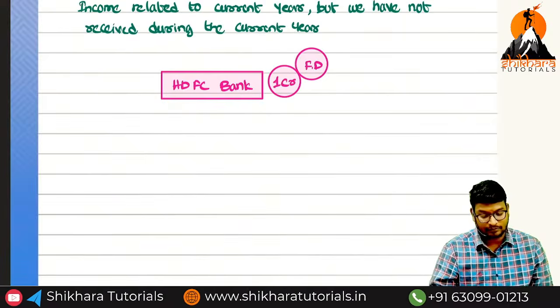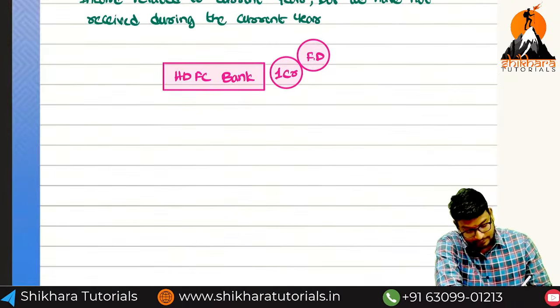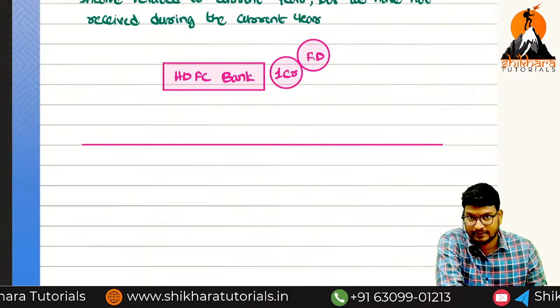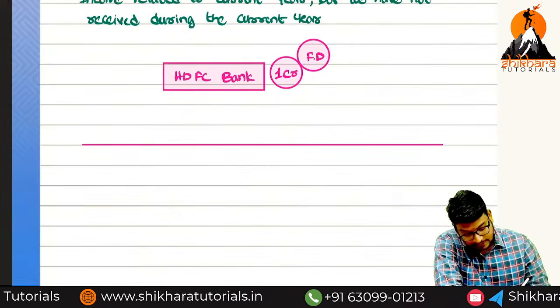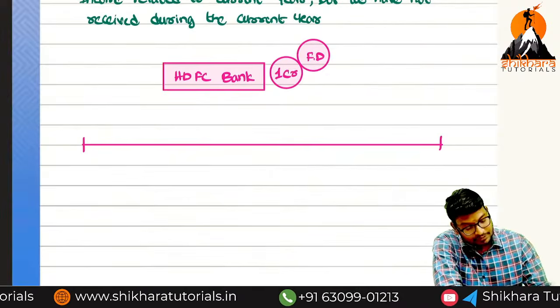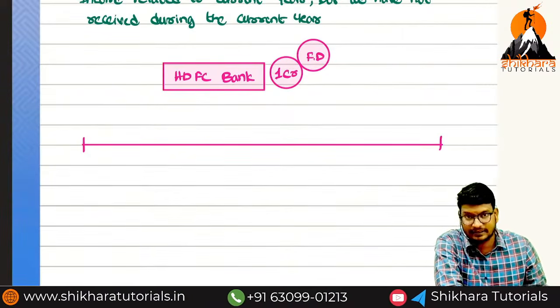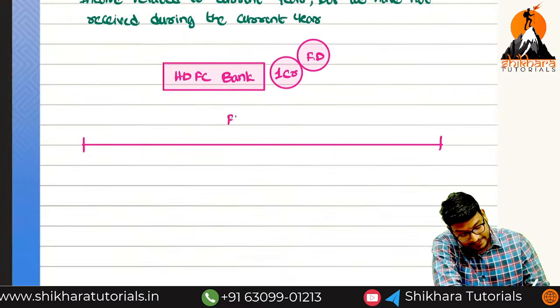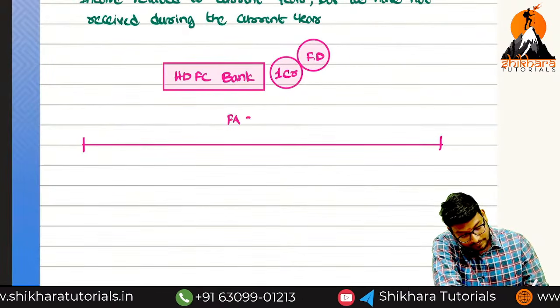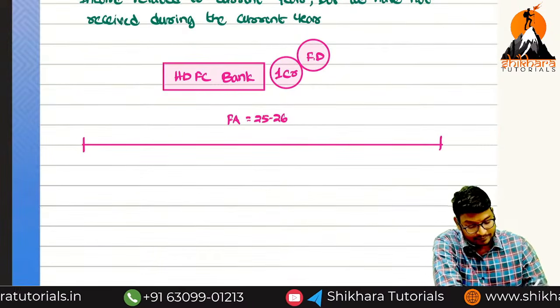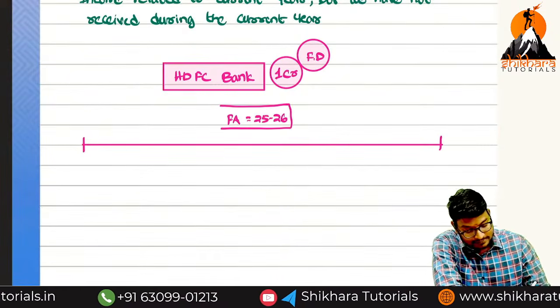Okay guys? Now, let me take an example. Imagine this is the current year. Generally, which type of year do we use, financial year or calendar year? Financial year. So this is the financial year 25-26.